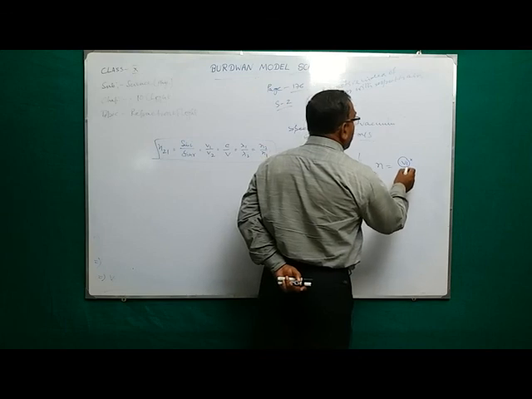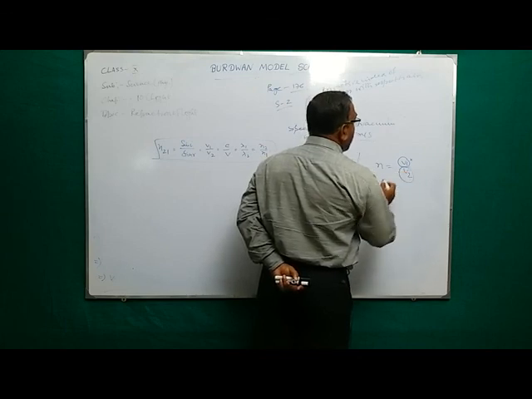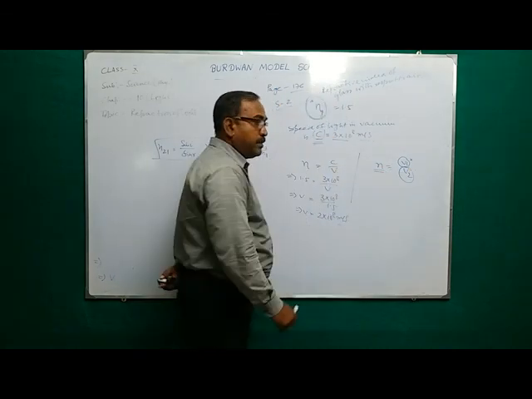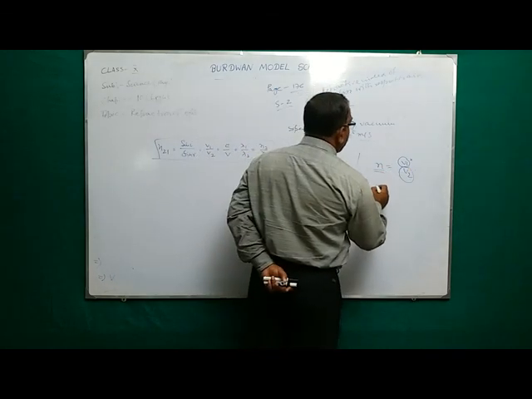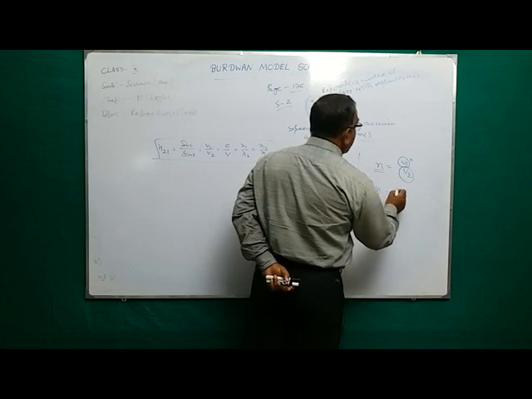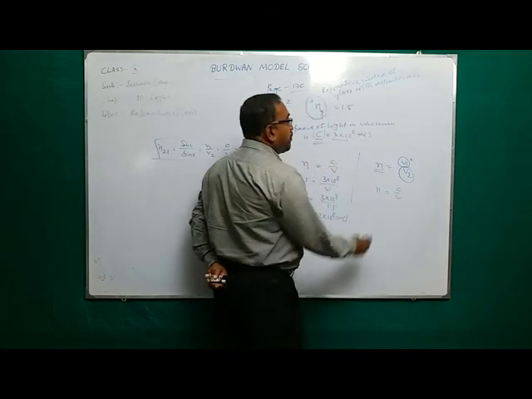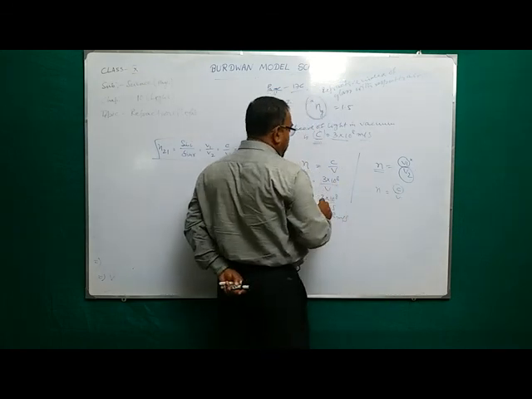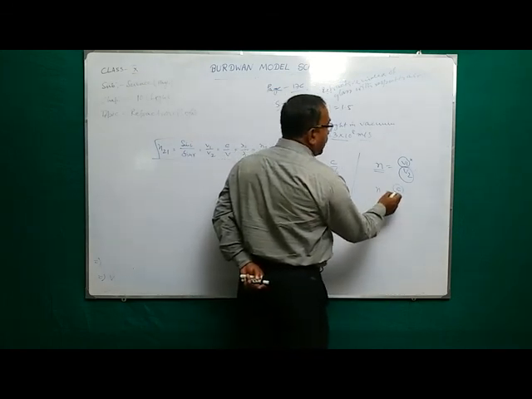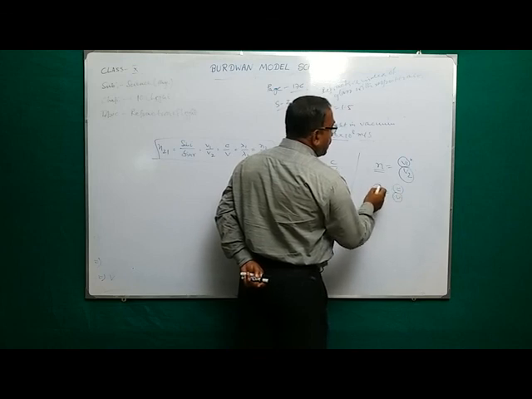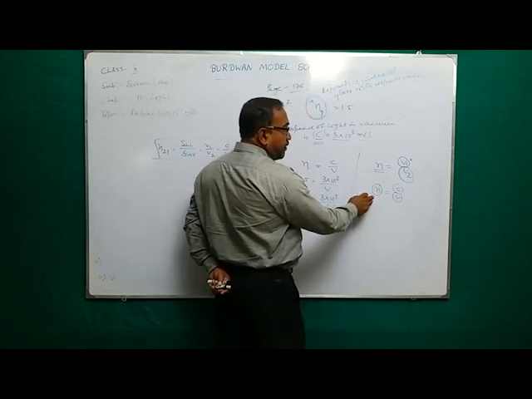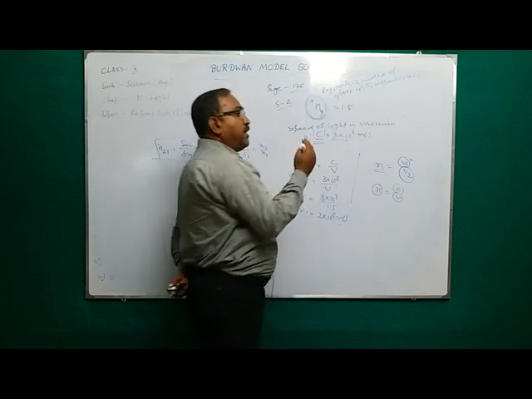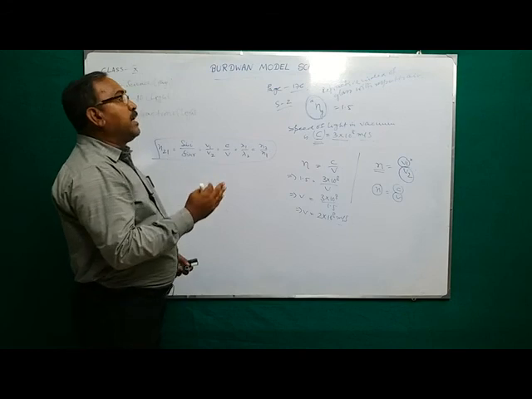That is the required value. So from one value you cannot find it. If you write n equal to c by v, you put here the value of c, but v is the required. So n is not the absolute refractive index. This is the refractive index of glass with respect to air, that means the relative.